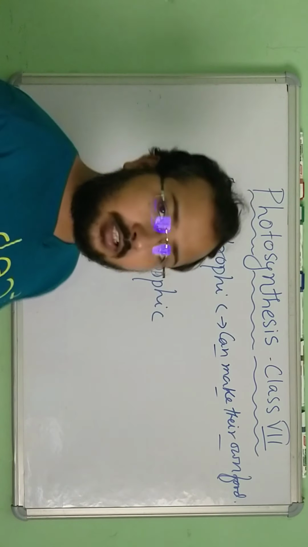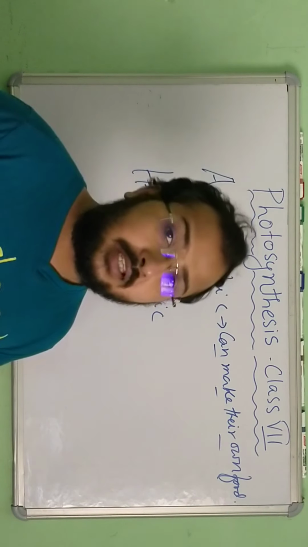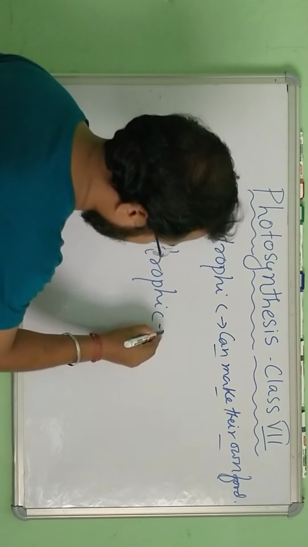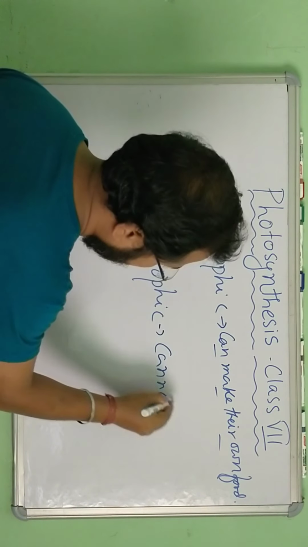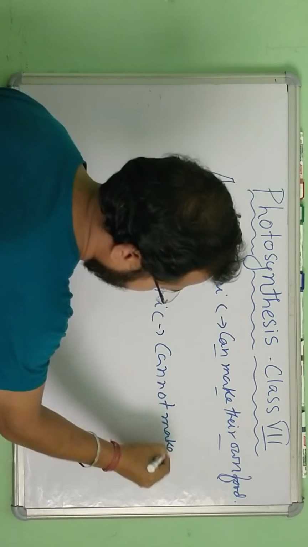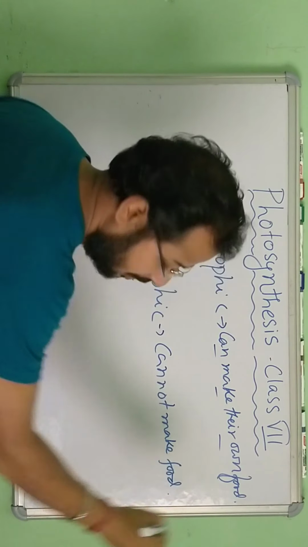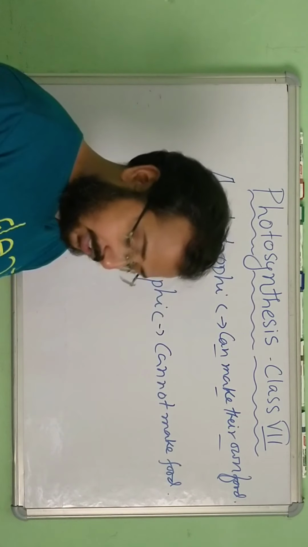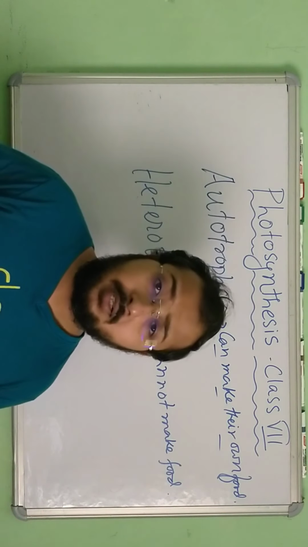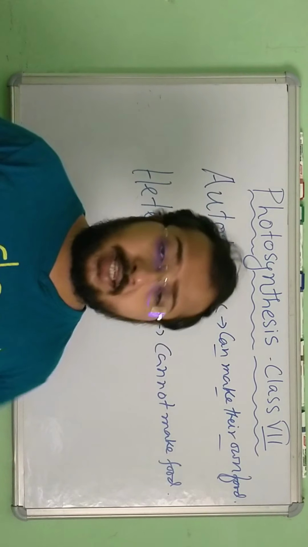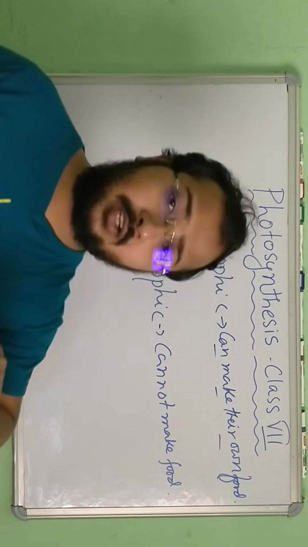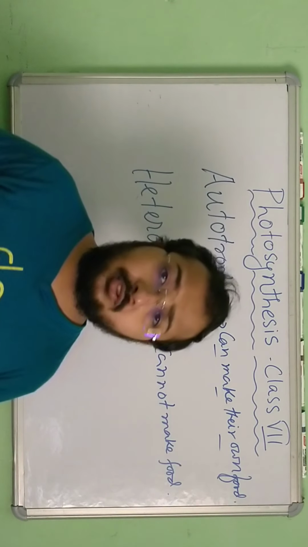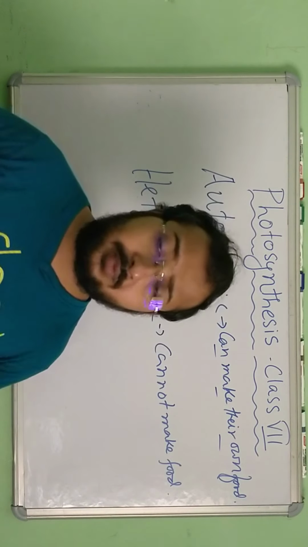Now heterotrophic organisms. Heterotrophic means the organisms cannot make their own food, so they depend on other organisms for their food, whether it is a plant or an animal. Like we take food from plant resources and also from animal resources.